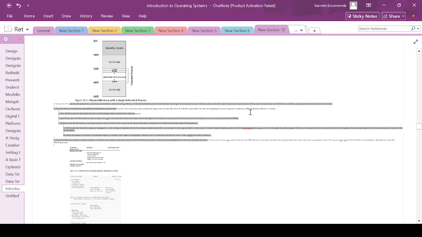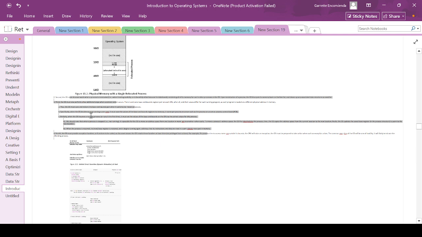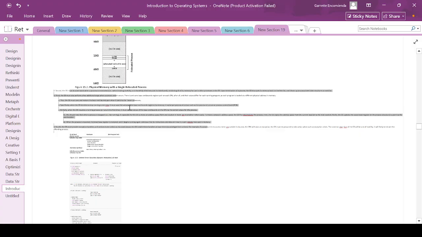As each program is loaded at a different physical address in memory, the OS must save and restore the base and bounds pair when it switches between processes. This is like the save and restore of registers in the previous video, where the OS explicitly saved the context in the process structure. It's the same with dynamic relocation.